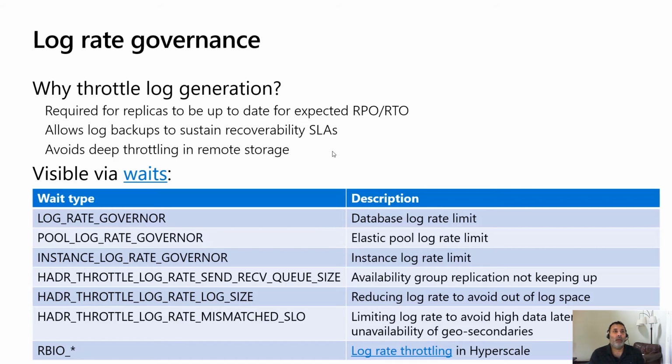It also avoids throttling so that the replica can be within that RTO or RPO objective. So some of the key waits are listed in this. I'm not going to go through each one of them. Effectively, there are different waits that indicate why log generation rate is throttled. Either you've hit a cap or some sort of replica is behind in the case of GeoDR or Hyperscale.